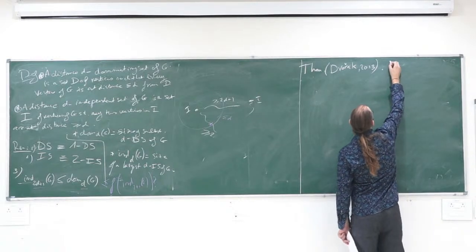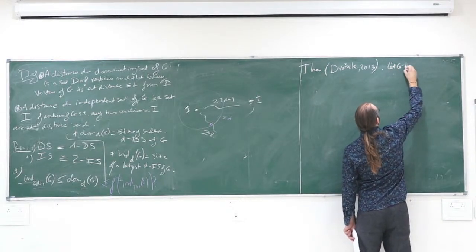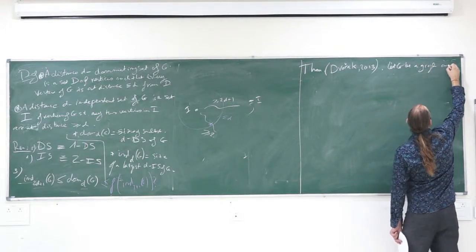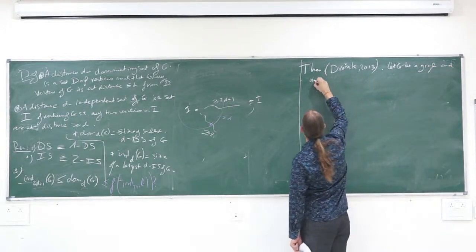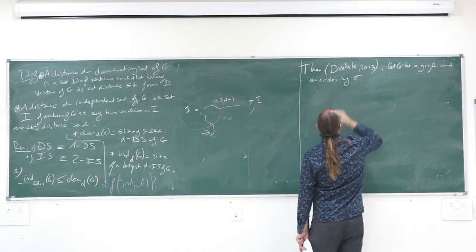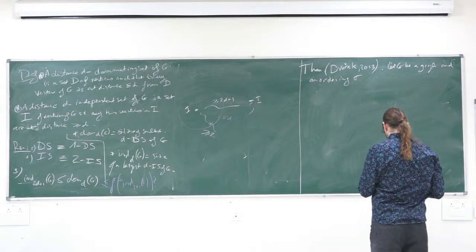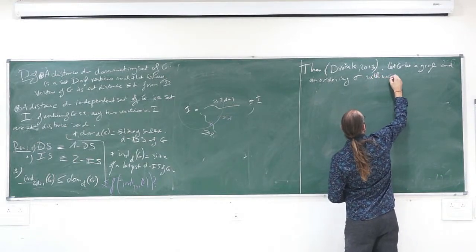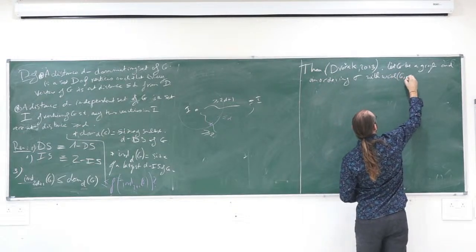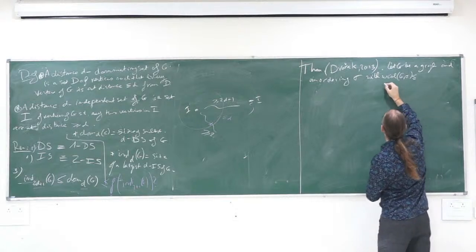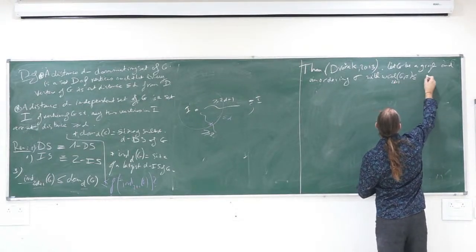So, G and another sigma, where the weak coloring number of this graph in the sigma, at distance 2d plus 1, is at most some constant C.